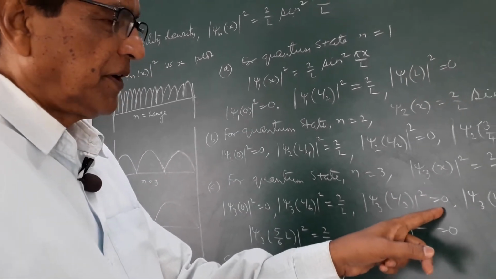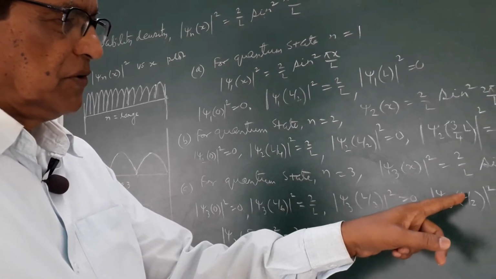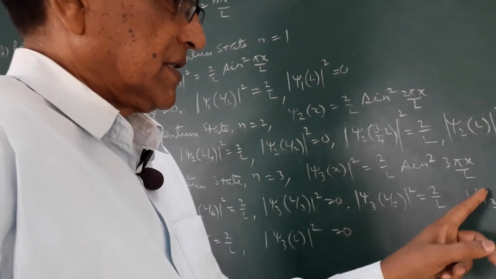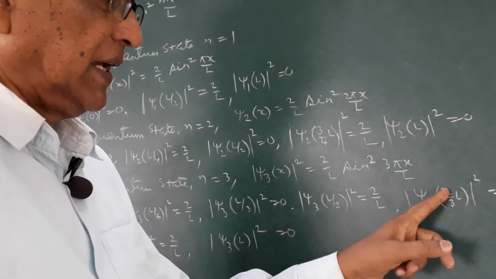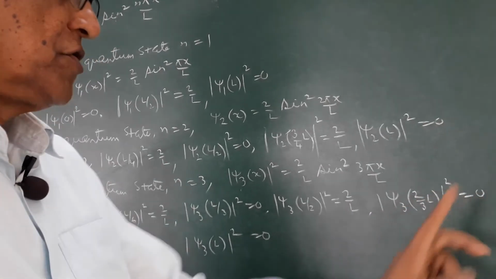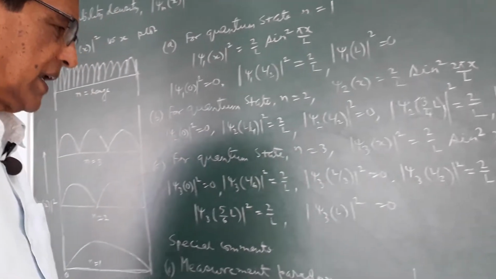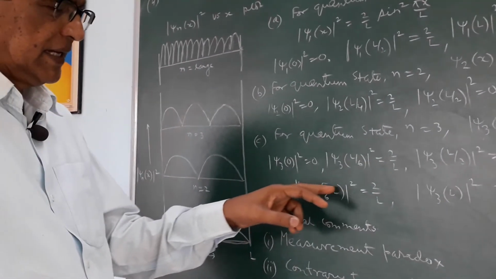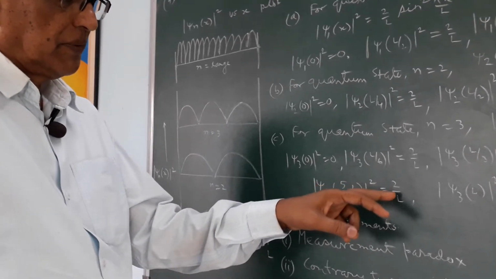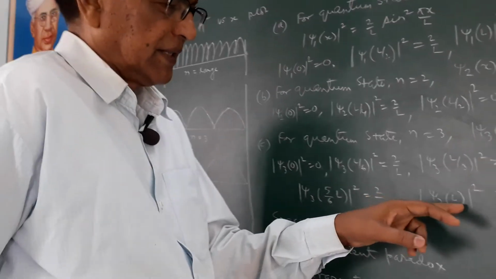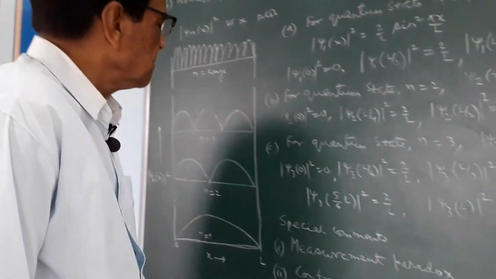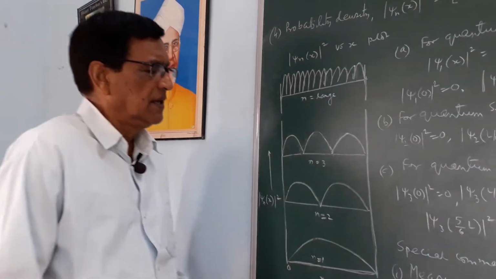This is the nodal point. At x equal to L by 2 it is maximum, at x equal to 2L by 3 again 0, which is also another node, and at x equal to 5 by 6 L again maximum, and at the end when x equal to L, it is 0. So this plot will be like this.